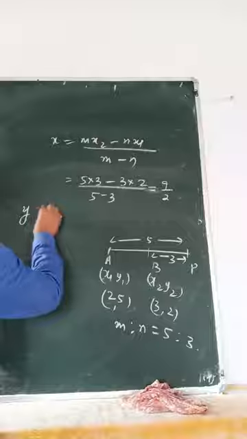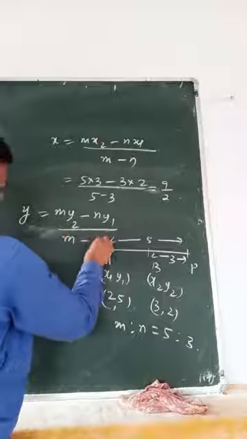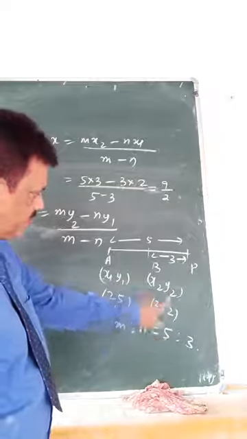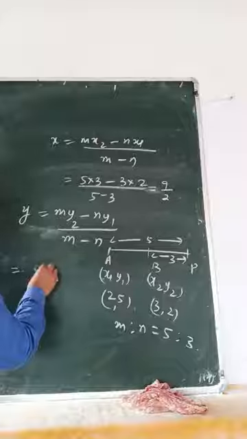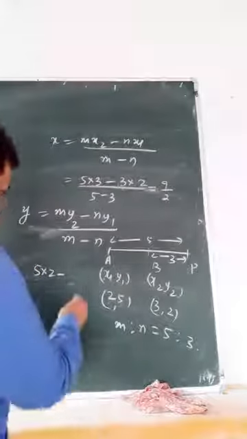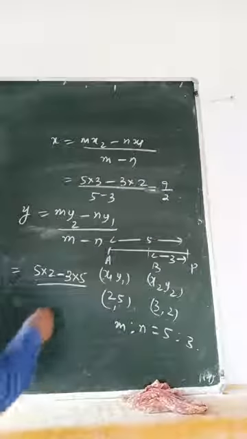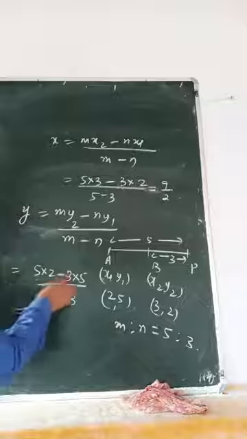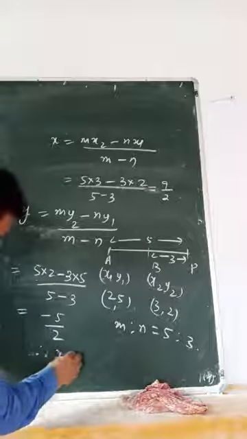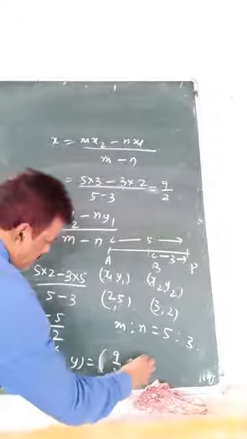Y is (my2 minus ny1) by (m minus n). m means 5, y2 means 2, 5 into 2, minus ny1, n means 3, y1 is 5, by m minus n, 5 minus 3. 10 minus 15, minus 5 by 2. Therefore x, y is 9 by 2, minus 5 by 2.